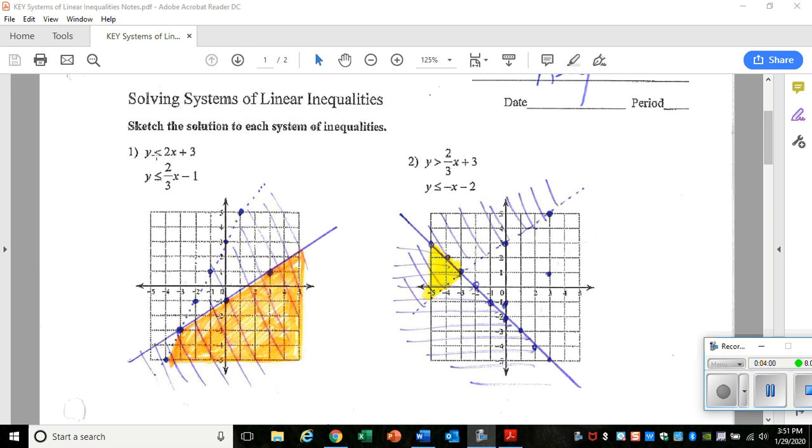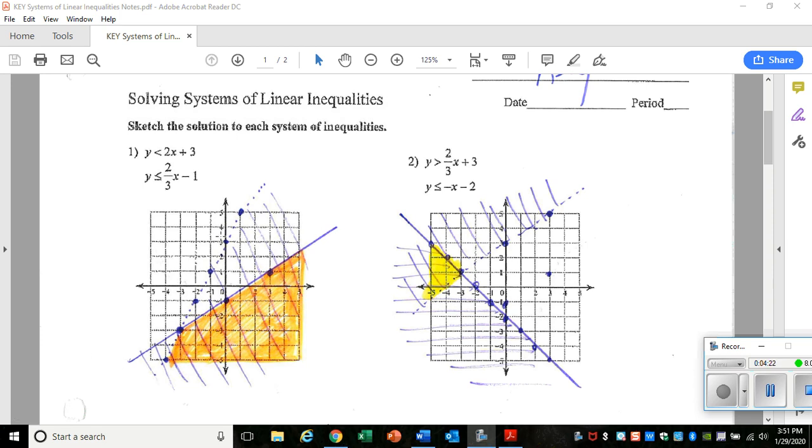And then I use a dotted line because there's no equal sign, so I just put the dots, straight line. And then for this one, -1 is here, which is the y-intercept. The slope is 2 over 3, so I just went up 2 over 3, put another dot, and I just went 3 over 2 backwards, and I connect the dots and make a line.